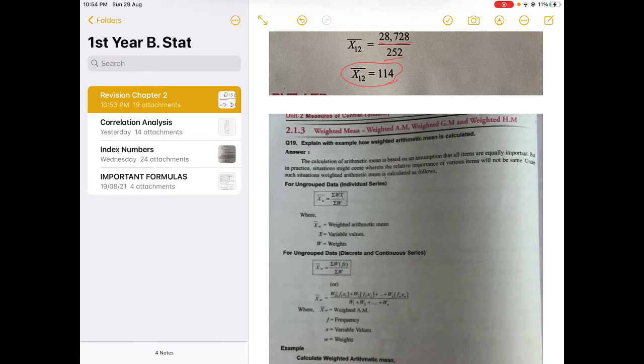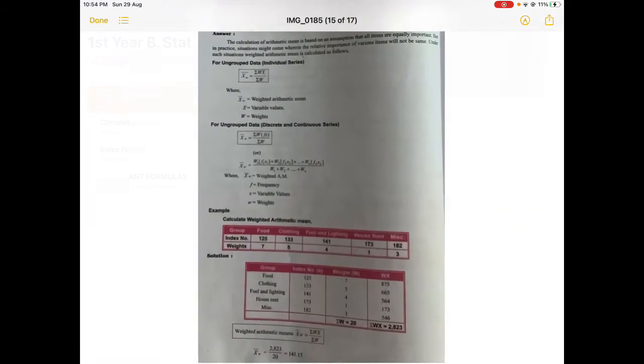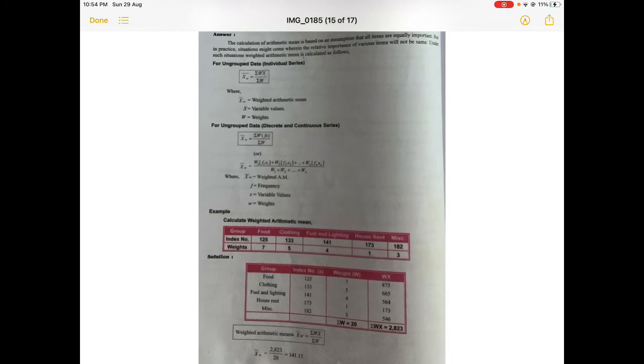So when you are given the weights or you know the weights, we use the symbol W for weights. So we multiply the weights into the x values, and then just like frequency, we divide with the sum of the weights. So we can look at the example here. For ungrouped data, the formula is sigma wx divided by sigma w.